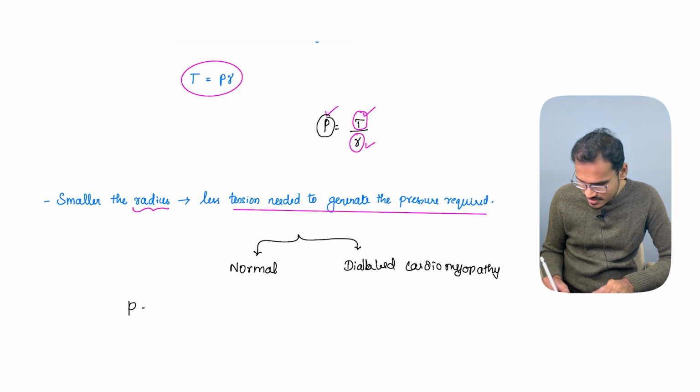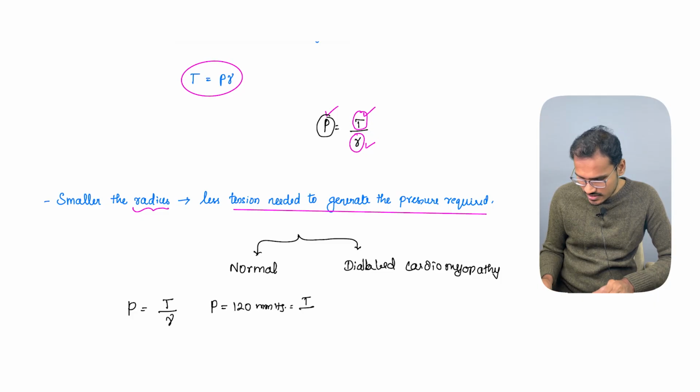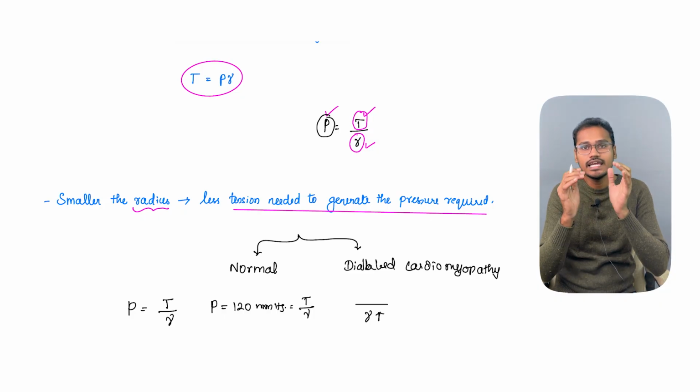Because we know that pressure is equal to tension upon radius. Suppose this patient has to generate a pressure of 120 mm of Hg. What is going to happen? There is going to be generation of tension and the radius is going to be the same. In dilated cardiomyopathy, what has increased? The radius has increased because the heart is dilated.